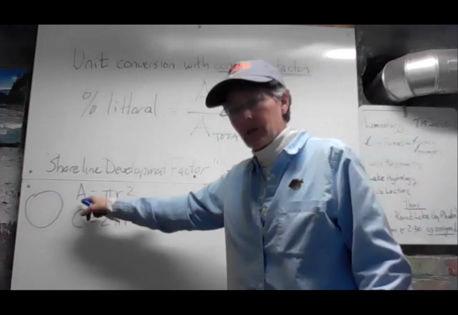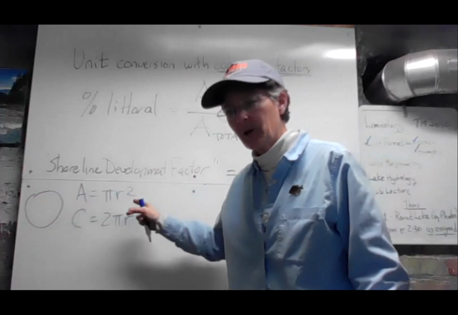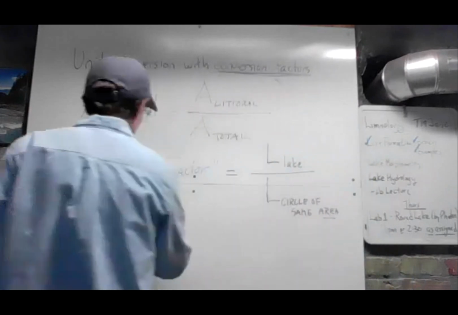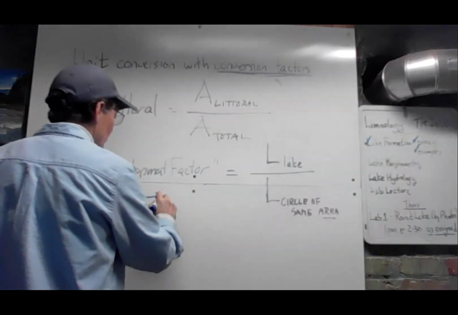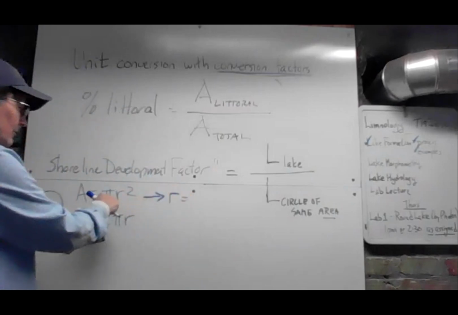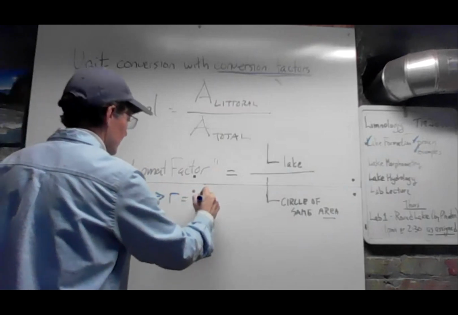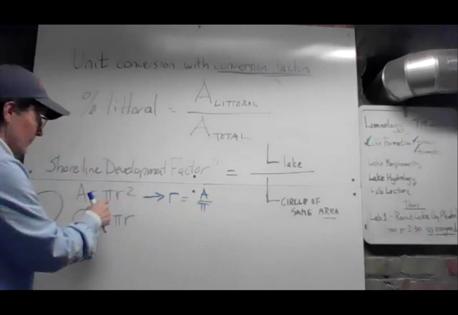Now, if it's a perfectly circular lake, the area is equal to pi r squared, and therefore the radius is equal to, so divide both sides by pi, right?